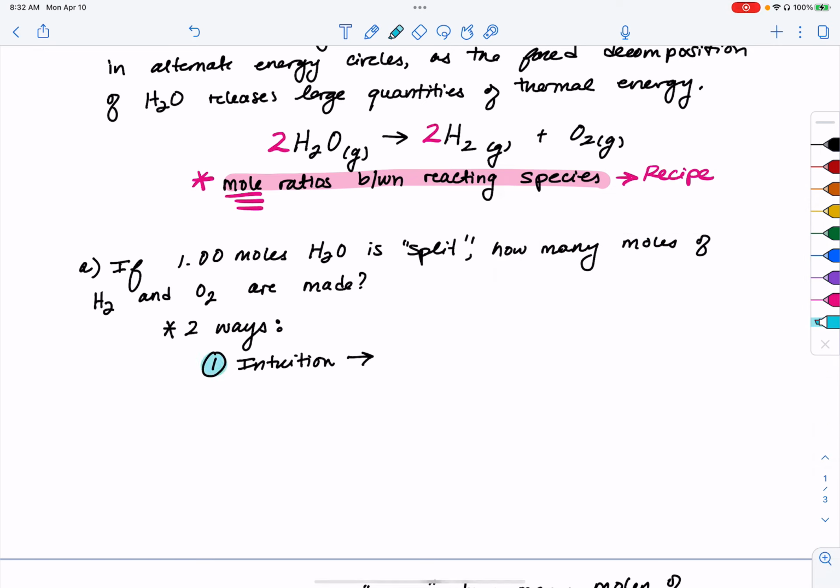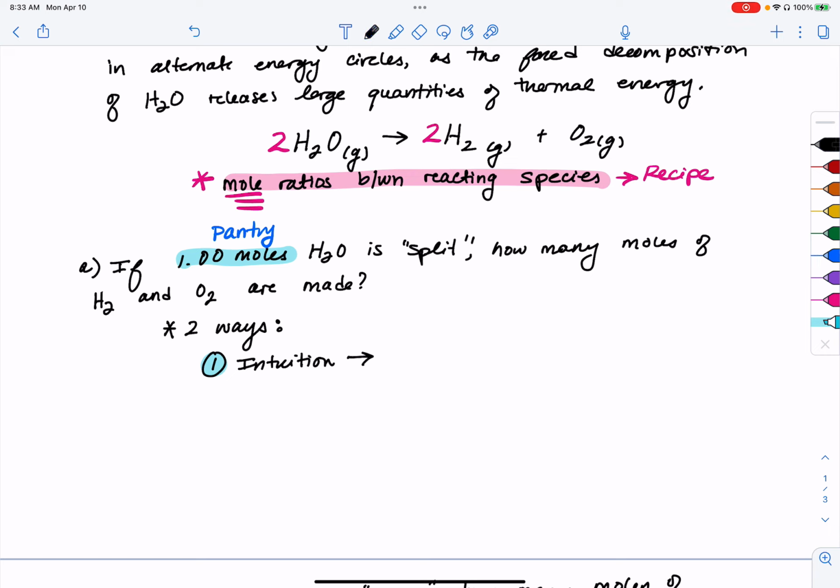So what might our intuition tell us about how 1 mole of H2O would affect the amount of product? This is thinking about, if I were to try to make my scrambled egg recipe and found that in my pantry I actually only had half as many eggs as I had wanted, then it makes sense that I would only be able to make half as much of my product, or my overall scrambled egg dish.